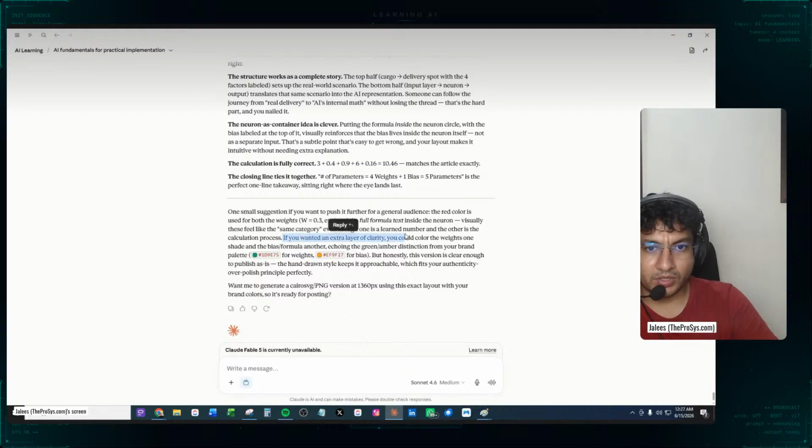If you wanted an extra layer of clarity, you could color the weights one shade and the bias another, echoing the distinction. But honestly the version is clear enough, and the handwriting keeps it approachable, which fits your authenticity over polish principle perfectly.